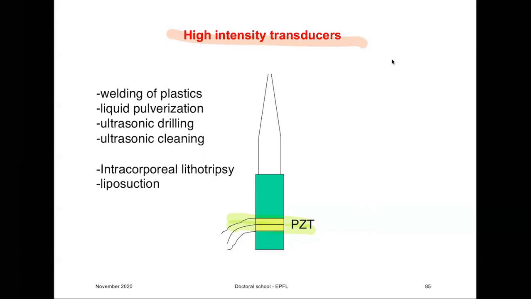Anything that is in contact with that will vibrate with a great force and amplitude, and that can be used for welding of plastics by friction. It can create a high temperature and then weld plastics. It can be used for liquid pulverization.